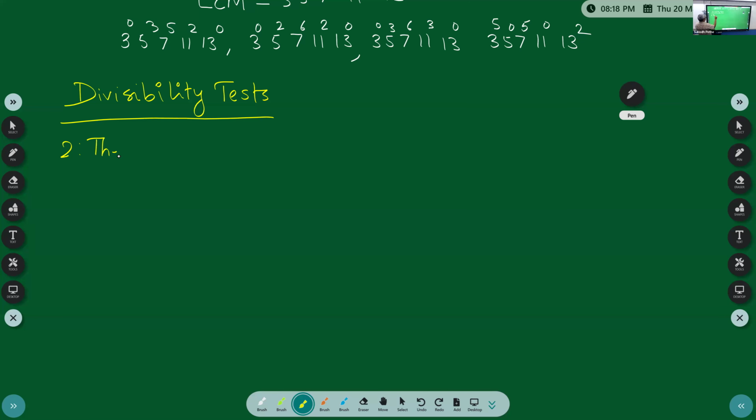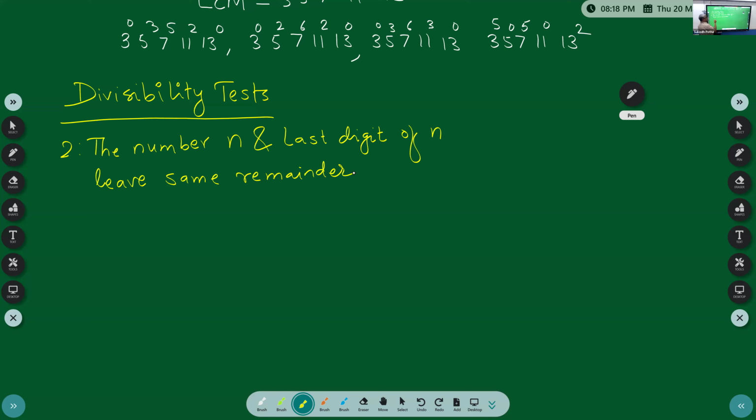The number n and the last digit of n leave the same remainder when divided by 2.